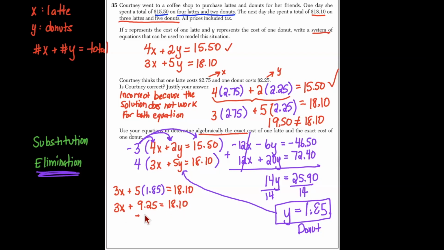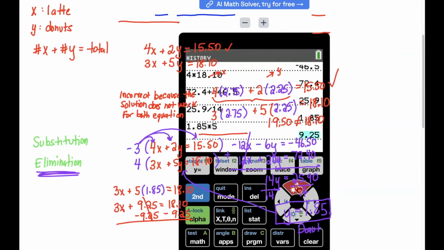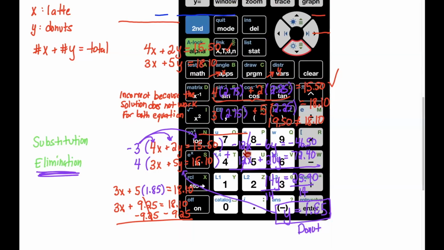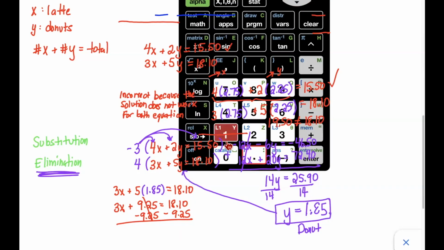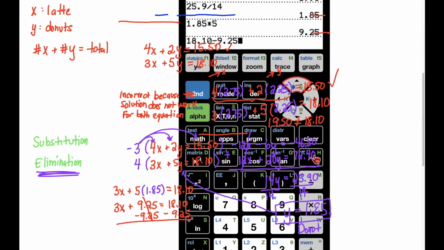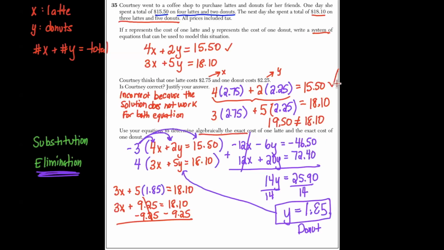This is a two-step equation. Subtract that constant from both sides. So 1810 minus 925, let me type it out. All right, so 1810 minus 9.25 gives me $885 on the right-hand side.